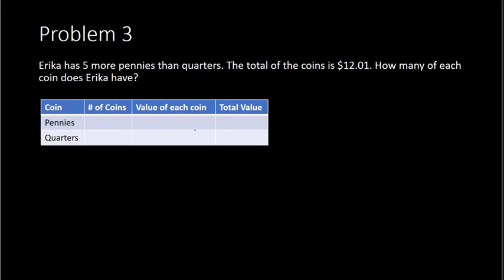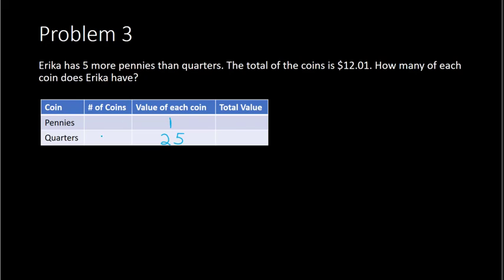So the value of each coin: pennies would be 1 cent, and quarters would be 25 cents. So we have 1 and 25. And then the number of coins times the value gives me the total value.